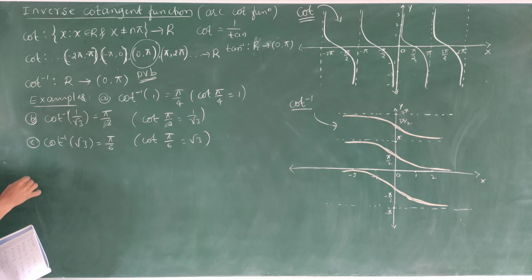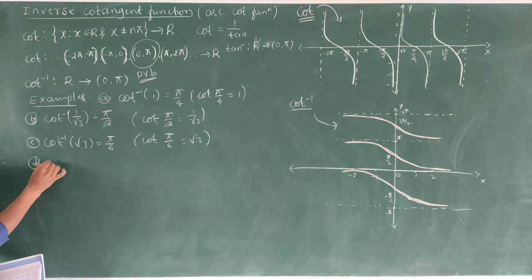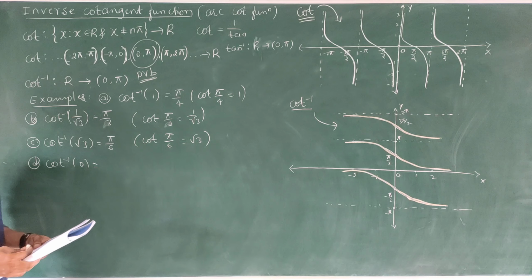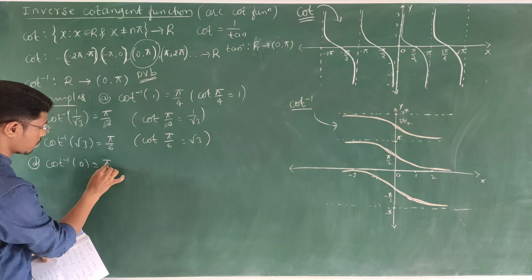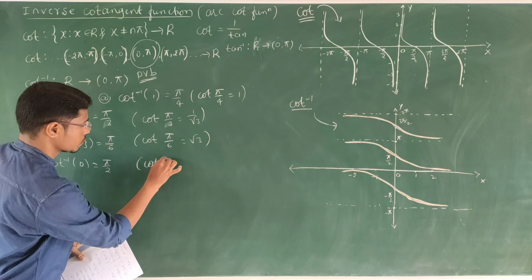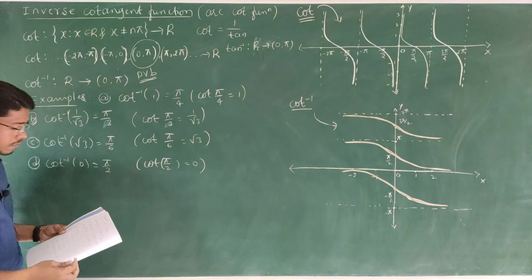Now question D, cot inverse of 0. When cot is equal to 0, the angle is pi by 2, since cot pi by 2 is equal to 0.